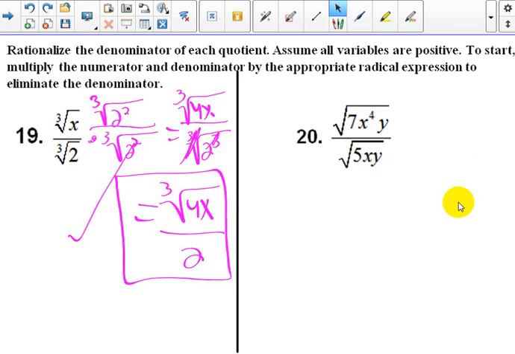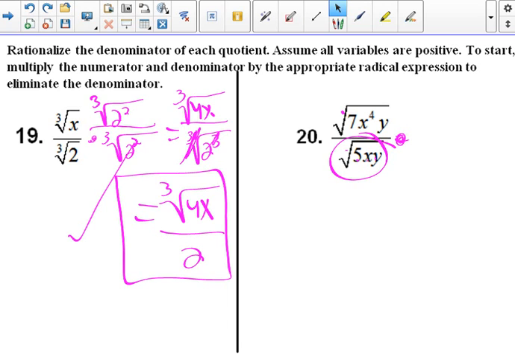Our last one, 20, we've got the square root of 7x to the 4th y over the square root of 5xy. Well, they're both squares. So let's clear the square down here. So all we have to do is multiply it by a 5 and an x and a y, and that will clear all those squares.